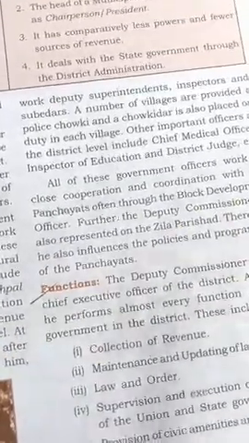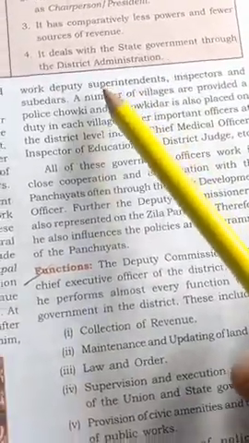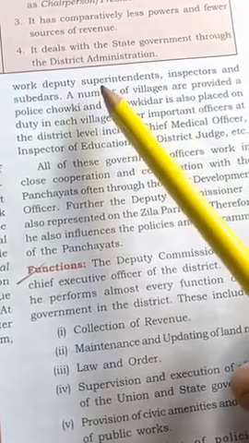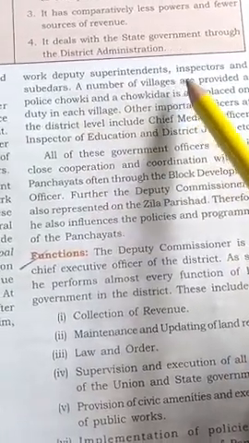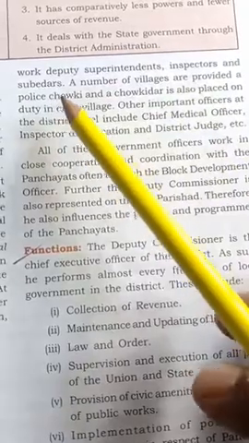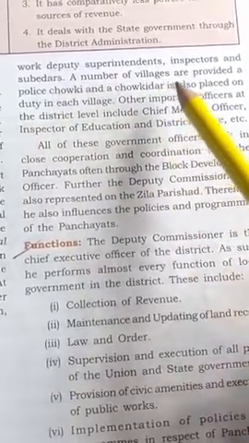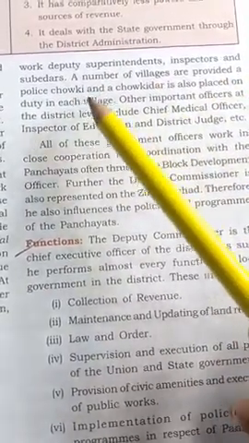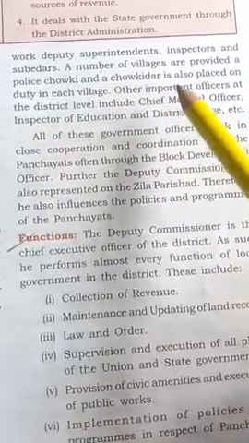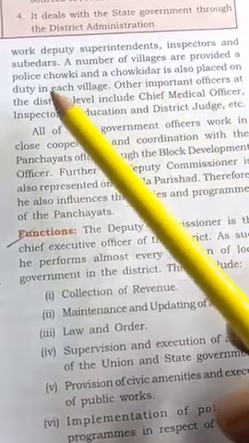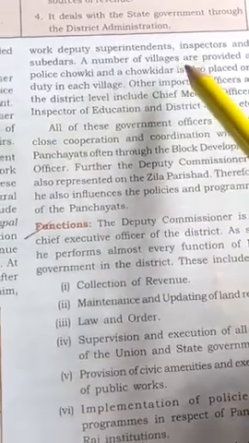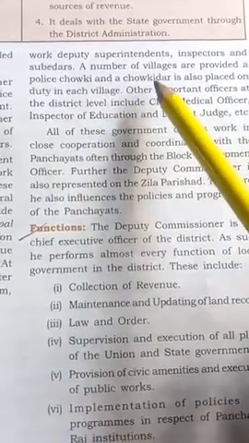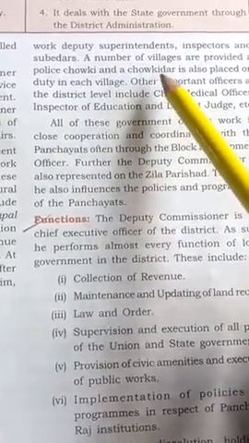Under him work deputy superintendents, inspectors and subedars. A number of villages are provided with police chowkis and a chowkidar is also placed on duty in each village. In the village you can find an appointee of the government, the chowkidar.